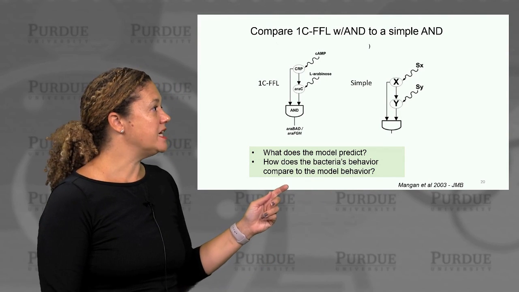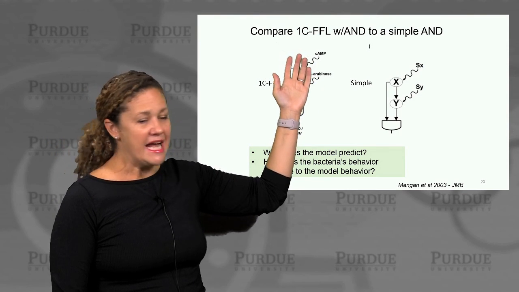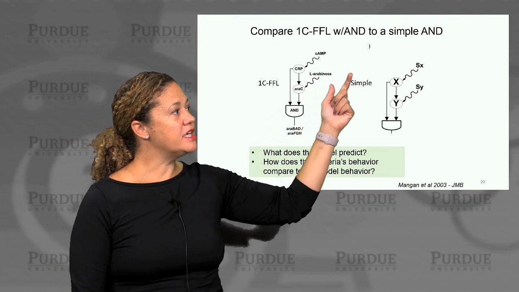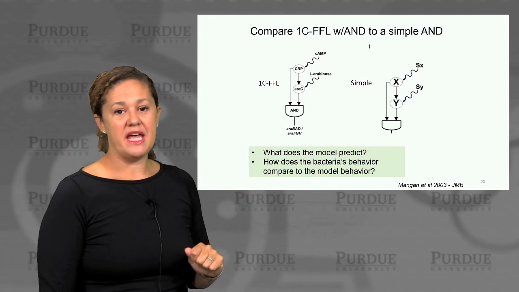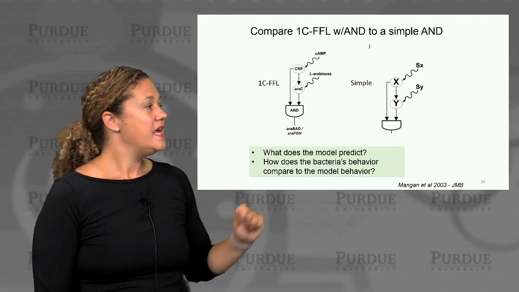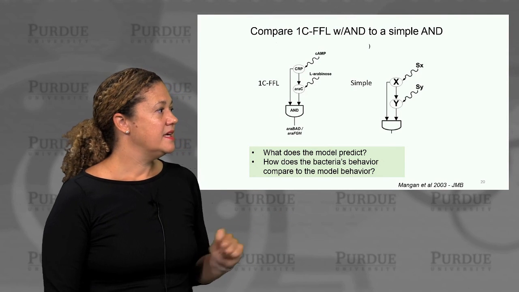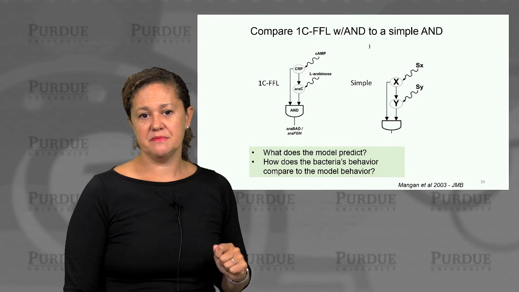So what people did was, they took the natural arabinose utilization system and compared it to a simple circuit with AND integration. And asked the question, what does the model predict? And how does the bacteria's behavior compare to the models?